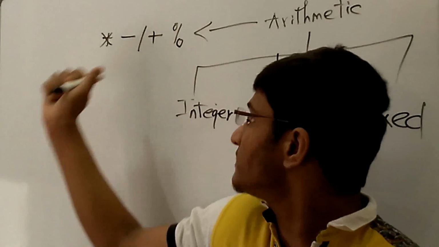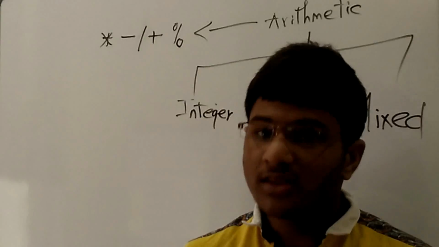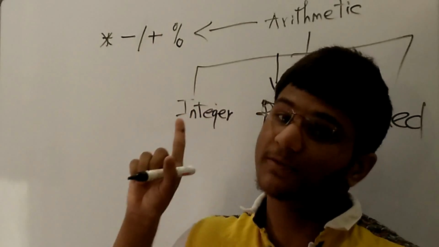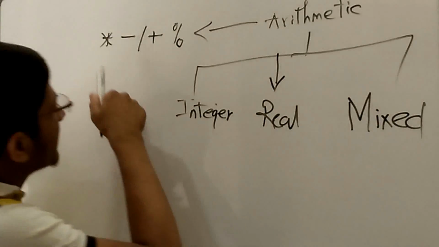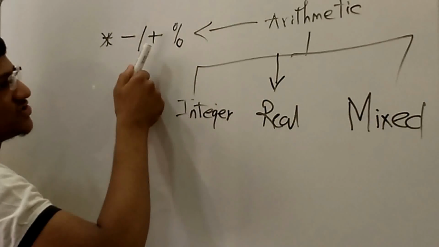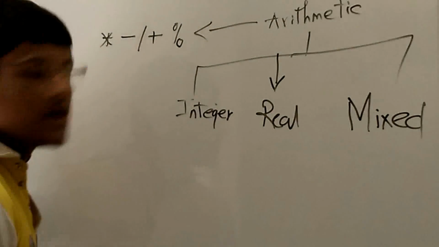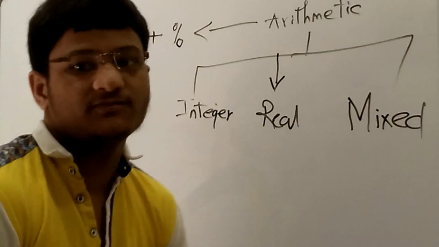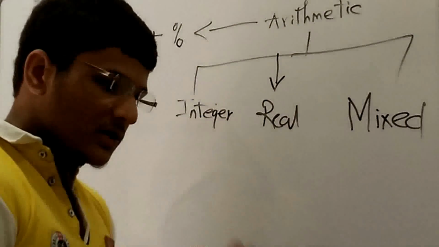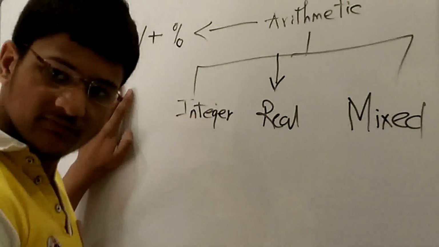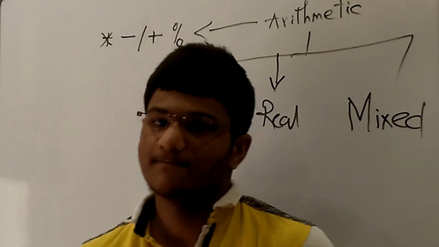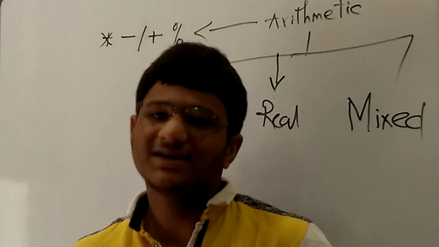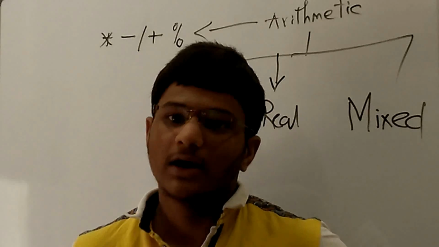This is a division, then this is addition, and the last one is not percentage, it's modulo. So be careful: multiplication, subtraction, division, addition, and modulo. There are a few combinations of these symbols which transform their meaning, but we will understand it later.